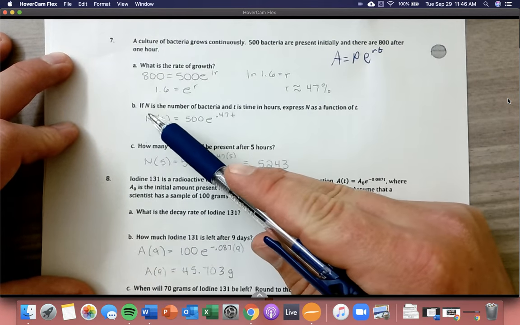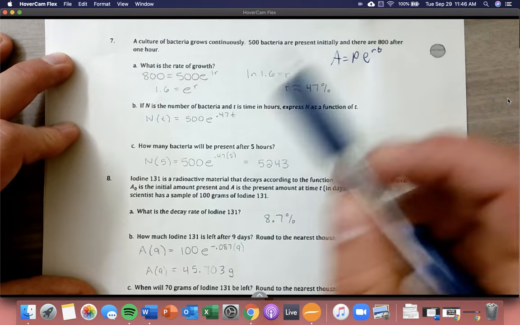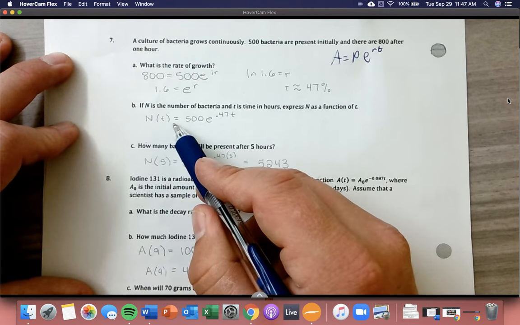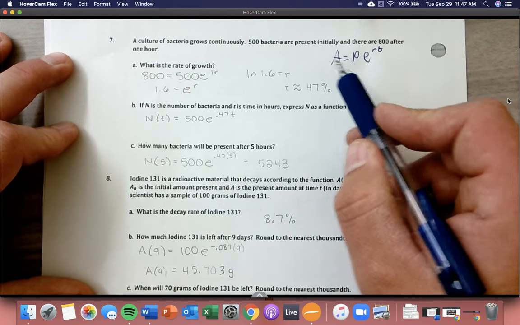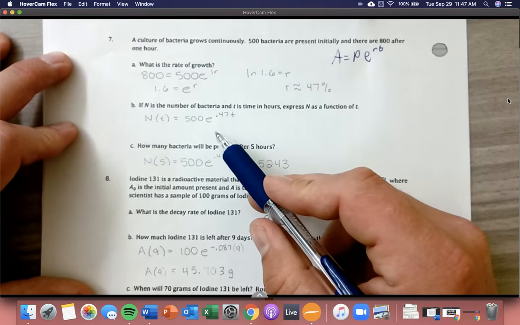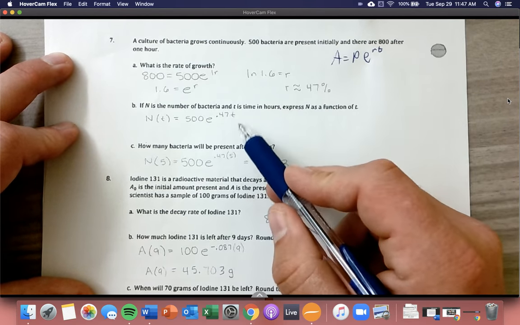In this case, N is the number of bacteria, so N turns into our A here. This is N(t) equals our initial population, which we know is 500, times e raised to the rate, which is 47%, times time.